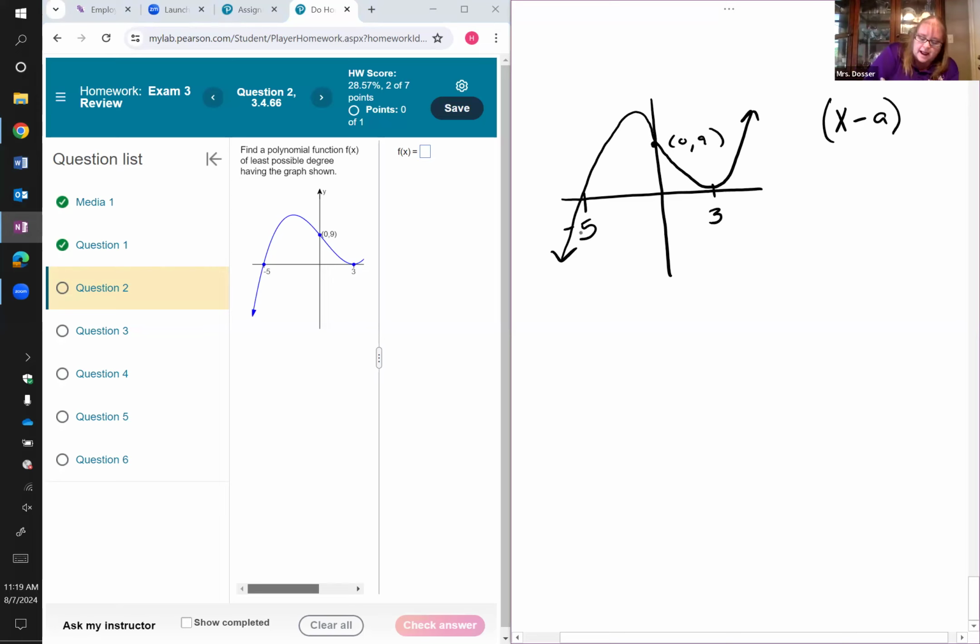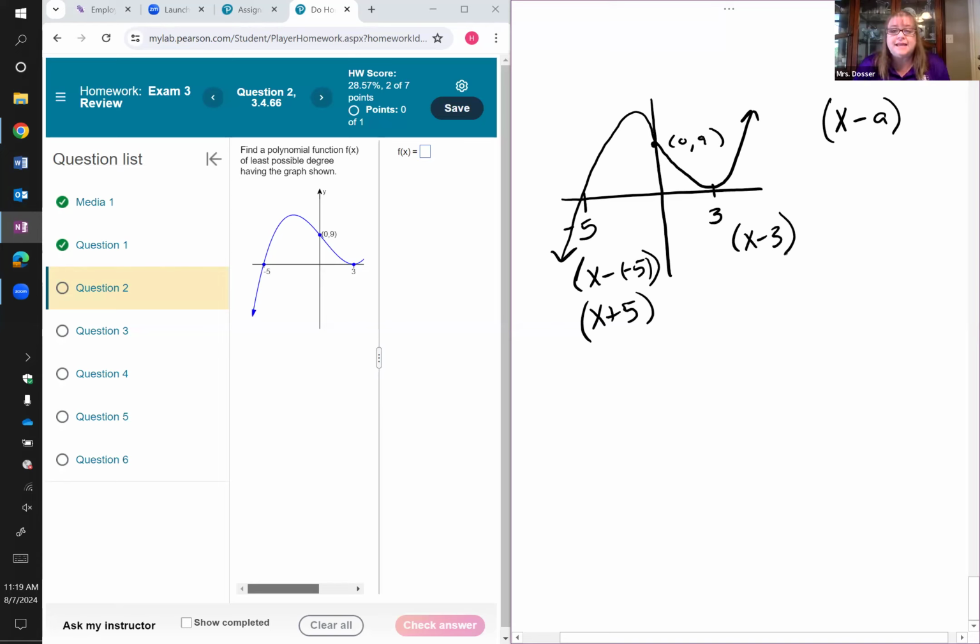And so for -5 as an x-intercept, that tells us that we have a factor of x minus -5, which would be x plus 5 when simplified. And same thing here at 3, we know that we have a factor of x minus 3.